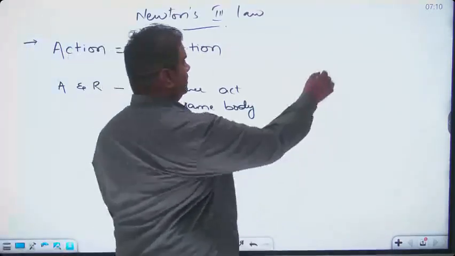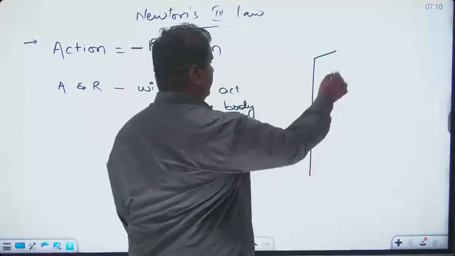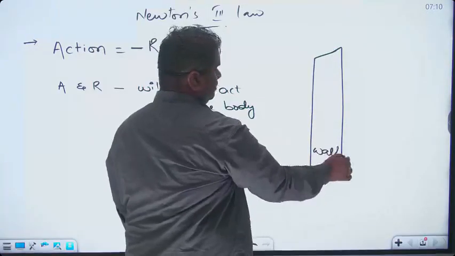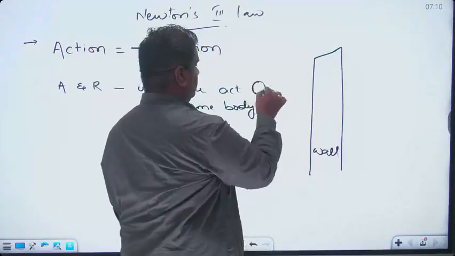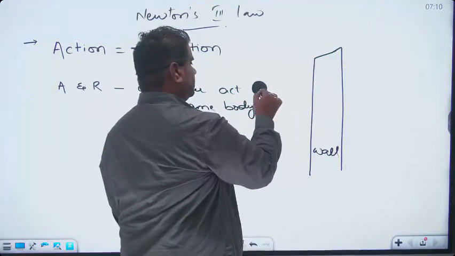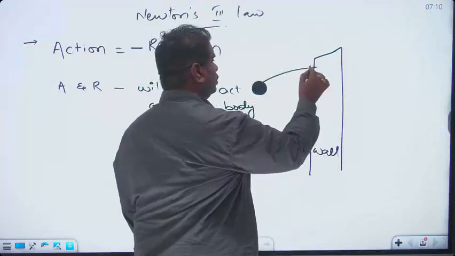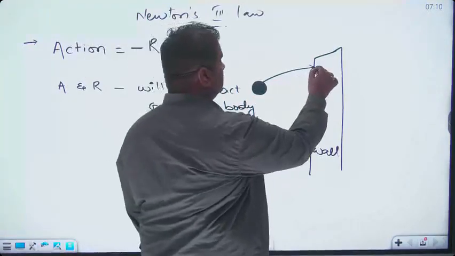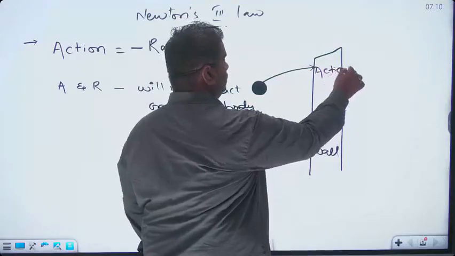For example, suppose you take a wall. Onto this wall you are throwing a rubber ball or a cricket ball. So initially, where is the action? The action is on the wall.